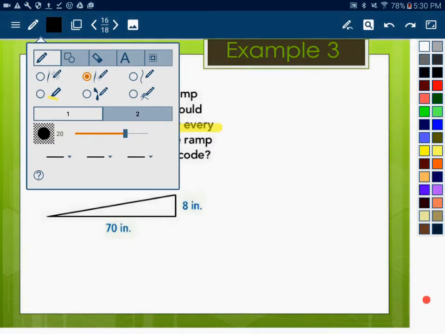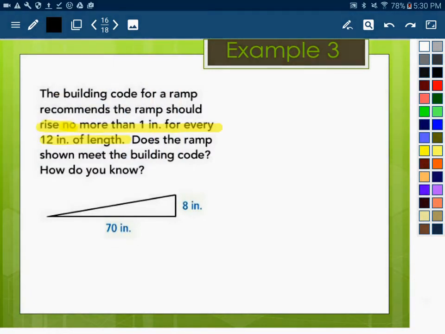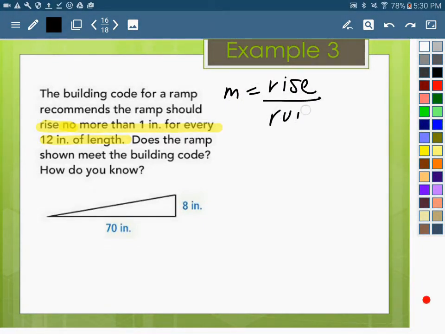So remember, slope is rise over run. So I'm going to write that down again. M is equal to rise over run. So in the situation, our slope is equal to a rise of 1 and a run of 12.